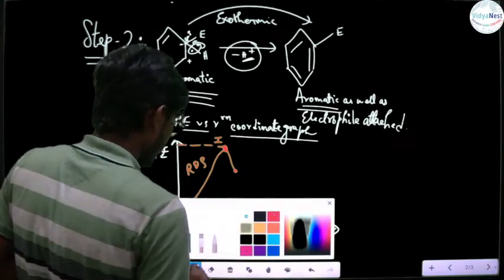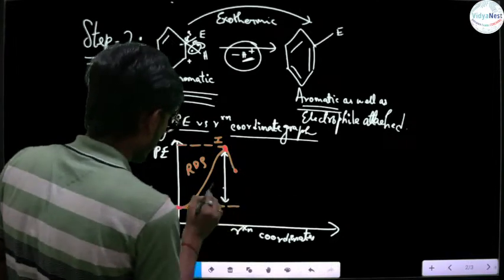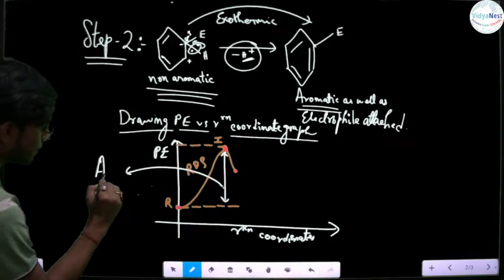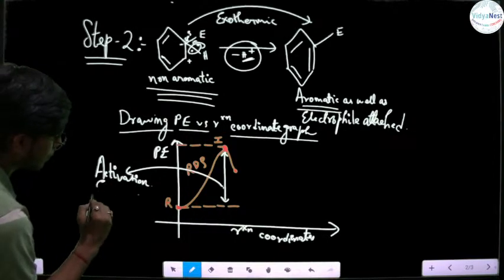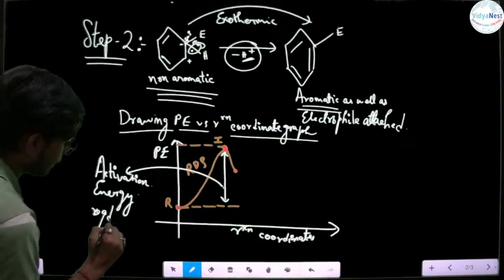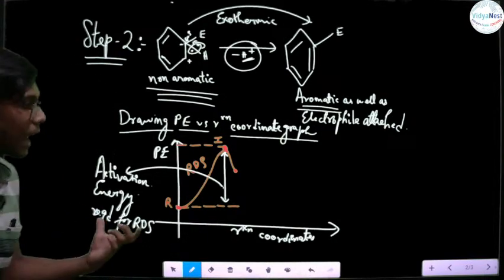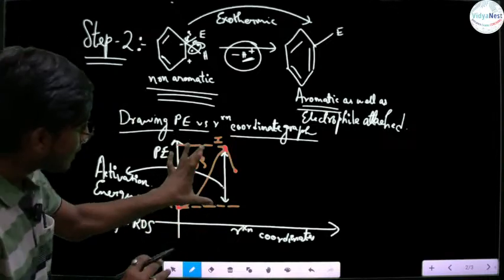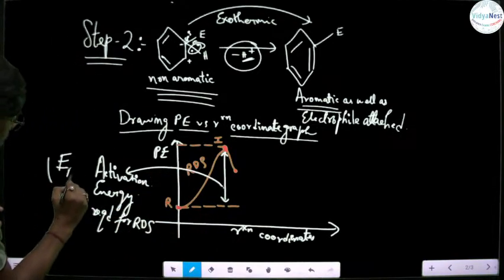This is known as the activation energy required for the RDS to take place. So this RDS can take place by giving this activation energy. This is represented by the symbol E with a suffix of capital A.